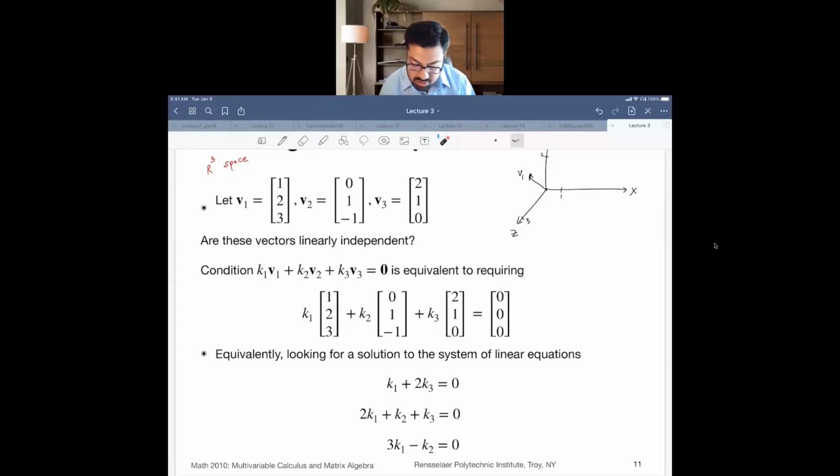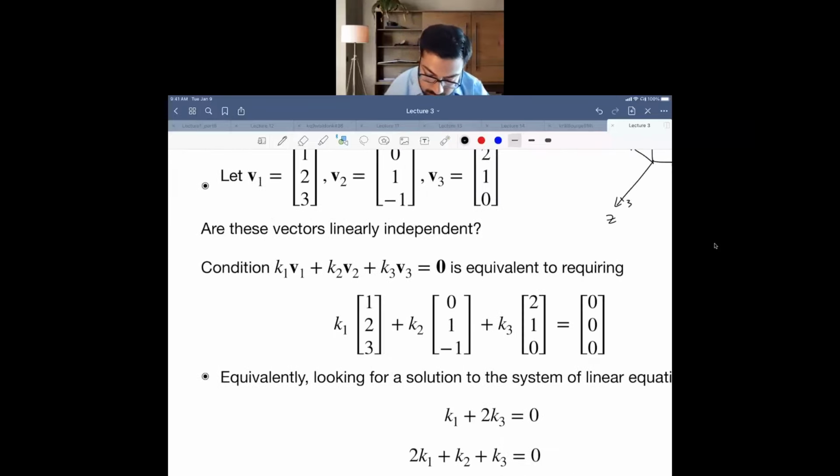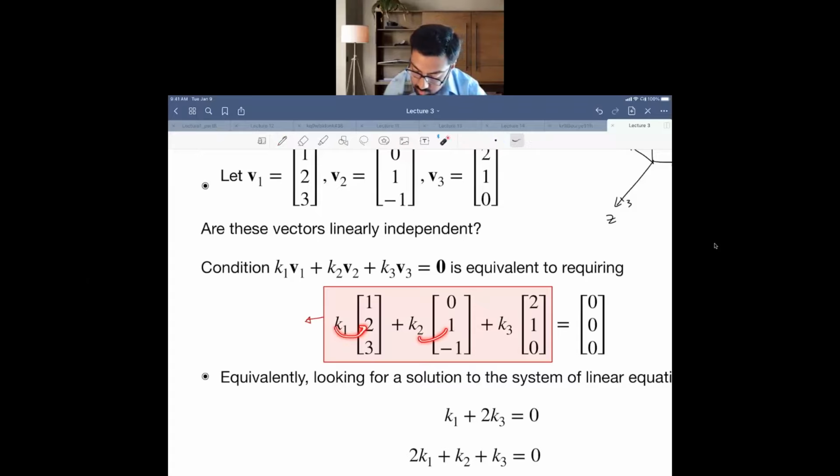What are those set of equations? Well, let's try to see here. If you do a scalar multiplication of each vector with k1, with k2, with k3, you get k1, 2k1, 3k1, 0, k2, negative k2, and so on, right? You can do scalar multiplication, and then you can do matrix addition.